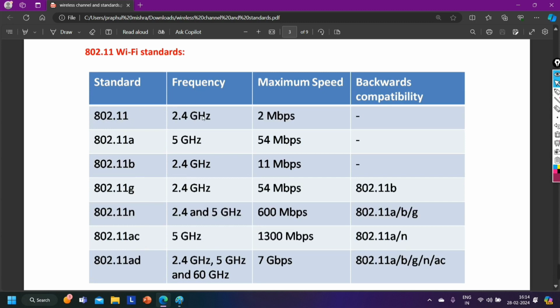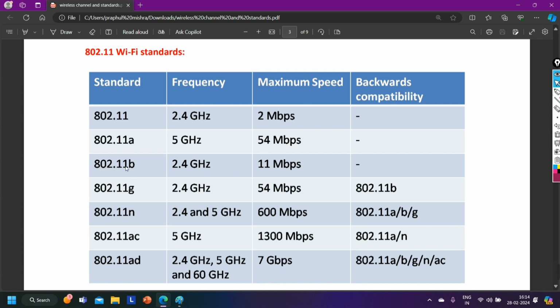It will operate on 2.4 gigahertz only, and the maximum speed that you will get is 2 mbps, right? If your AP or your router operates on 802.11a, it operates on 5 gigahertz, and the maximum speed that you will get is 54 mbps, right?